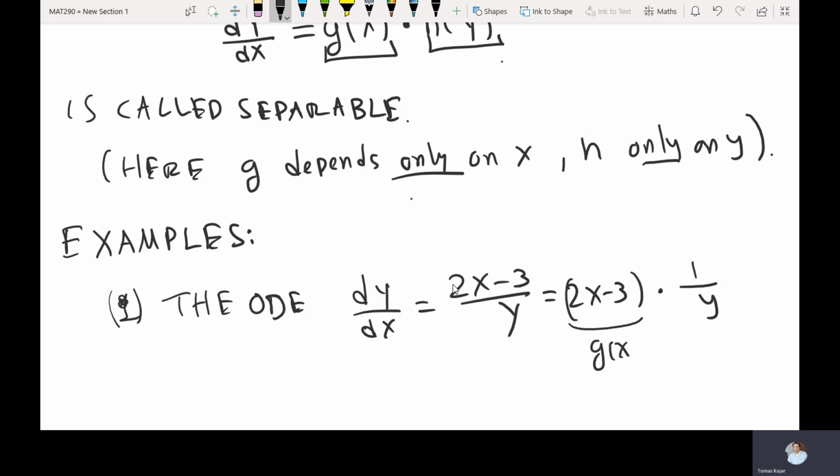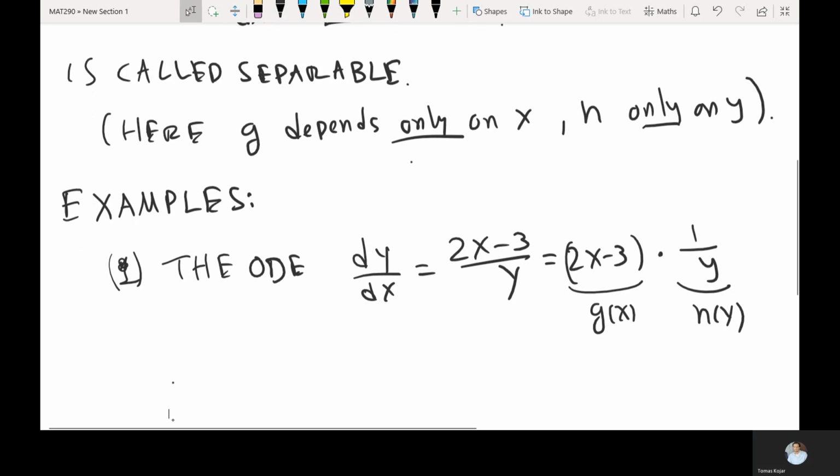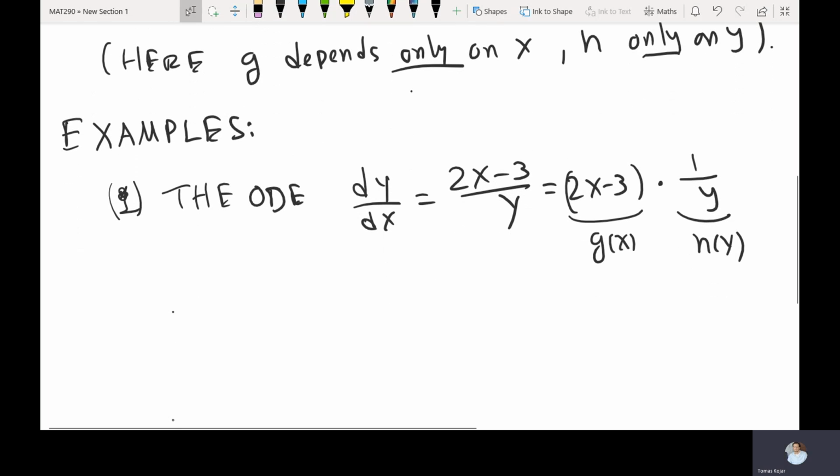This is our g of x, and this is our h of y. Okay, let's see one more.